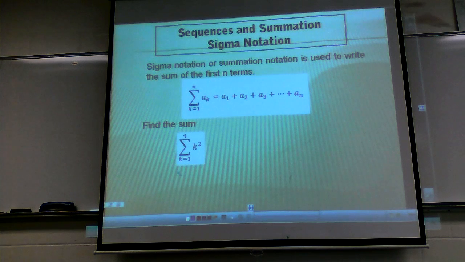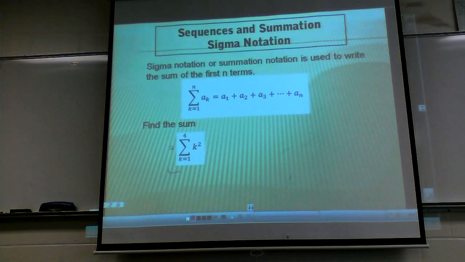It's just a more condensed way for them to write it out. It's basically taking the rule and putting it together with how far they want you to go to sum. Instead of me saying, find the sum of the first 4 terms for this general rule, I can just write that.